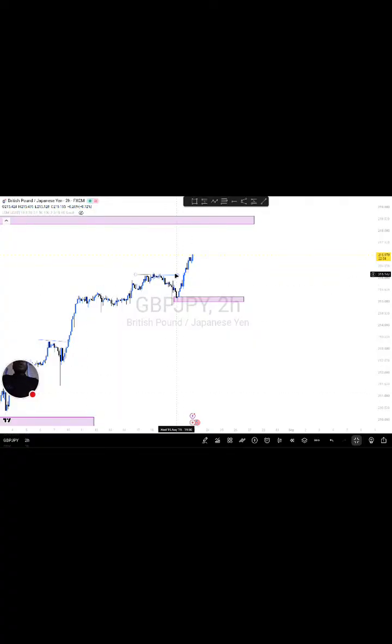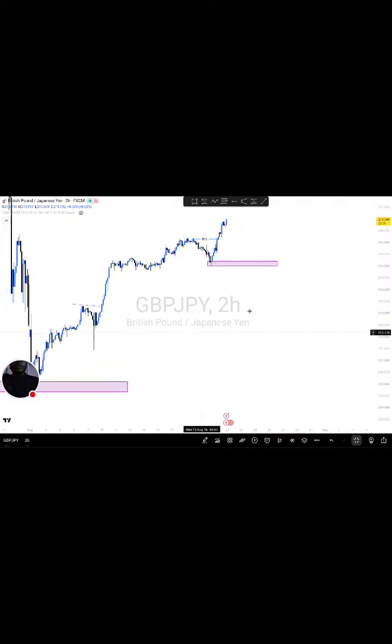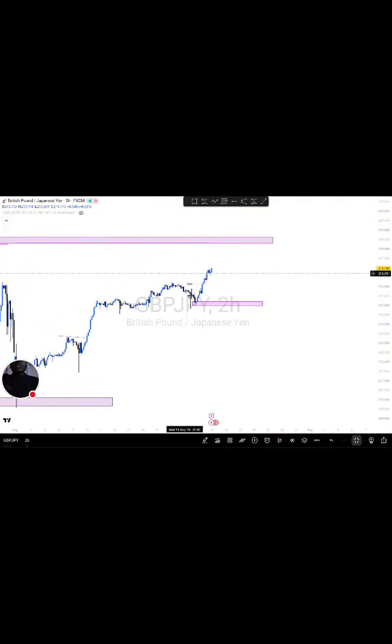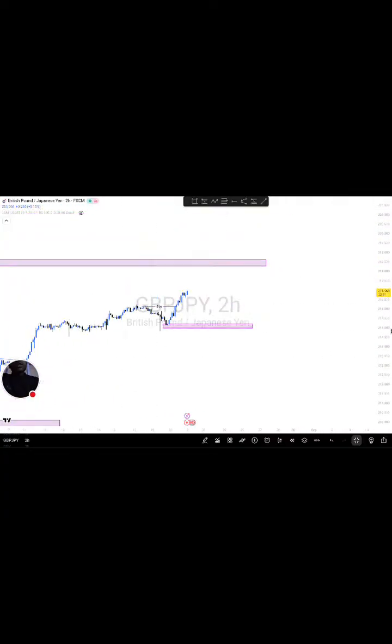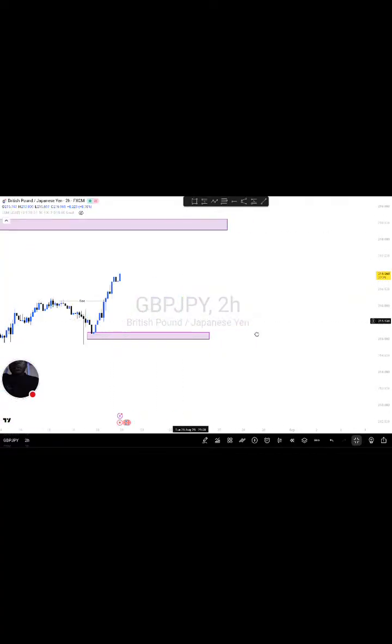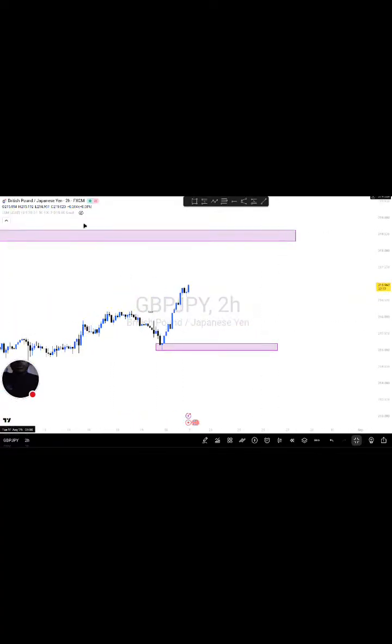It's not necessary, but you can see this order block only did a breaking of structure to the upside. Breaking of structure only is not enough for me to validate a real order block.